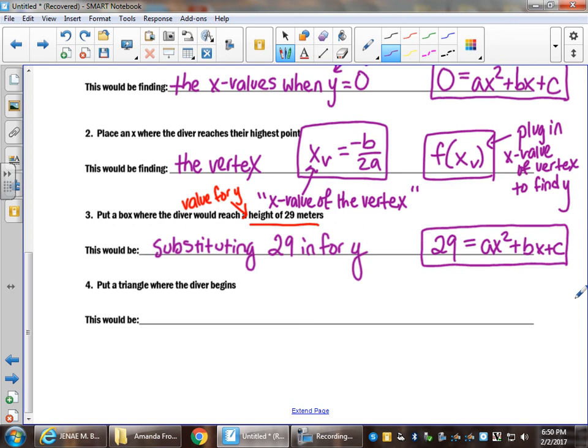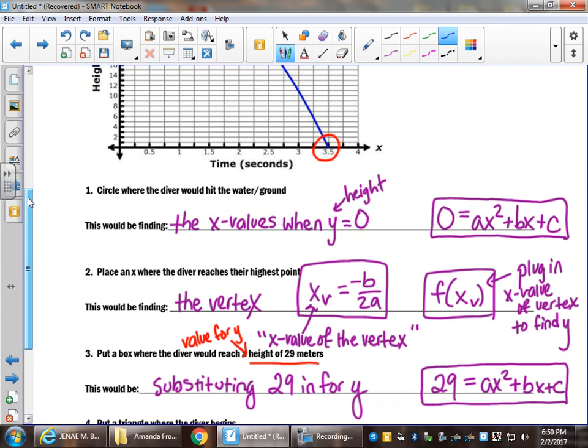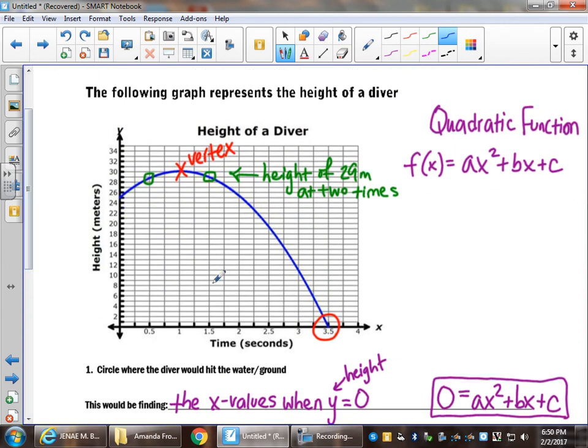Last but not least, number 4 says, put a triangle where the diver begins. So let's go look and see if we can find where the diver starts. Take a second and see where you would put a triangle, and we'll see if we match. Well, if he's beginning, it means no time has gone by. So at 0 seconds, I look, and here, I should make that blue. Let's go purple. This is his starting height.